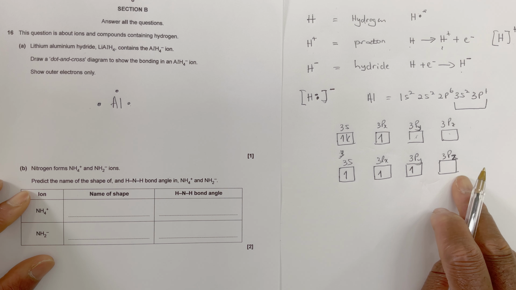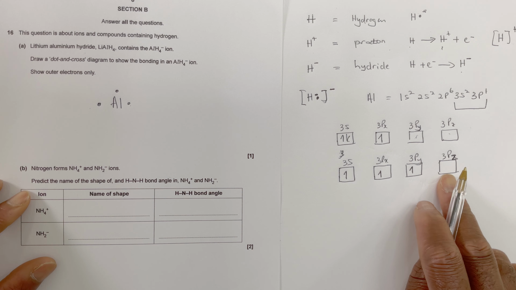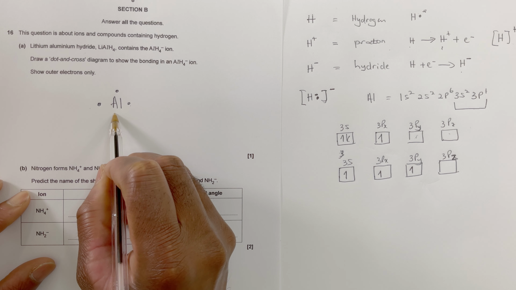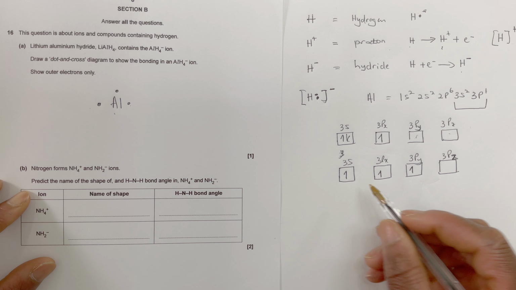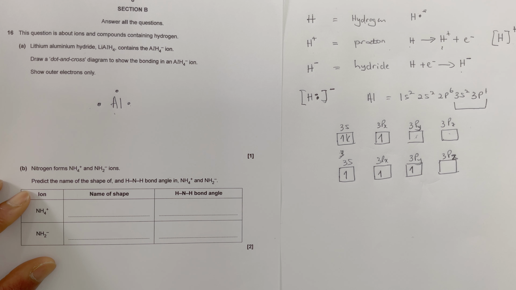So this orbital is vacant to form the octet, so hydrogen can come in to form a bond here.